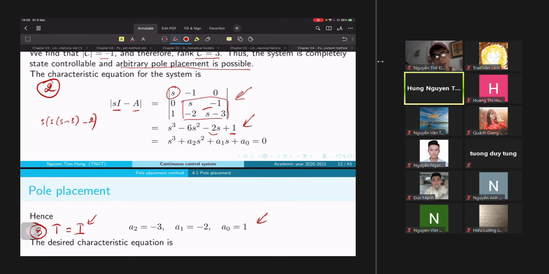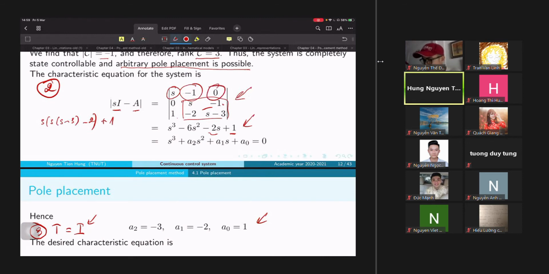Determinant of this, and we start with this. So we got minus 1, minus 1, and plus the minus of this. So 1 minus 1 multiplied by 1, we got minus 1. So minus of minus 1, we got 1.